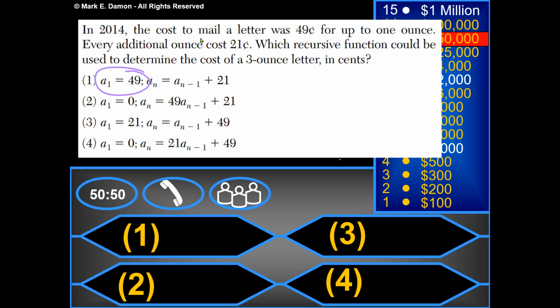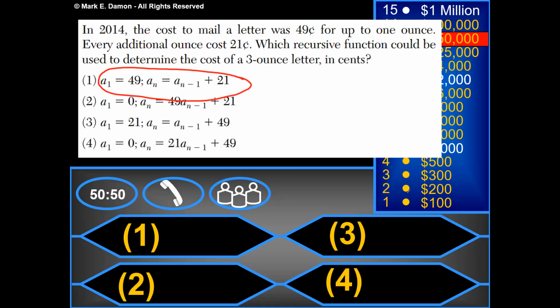So we can eliminate everything already here, but it's going to cost you 49 cents no matter what. And then after that, you're going to add 21 cents for every additional ounce. If you mailed 1 ounce, that would be your initial 49 cents, and every ounce after that is the additional 21 cents.